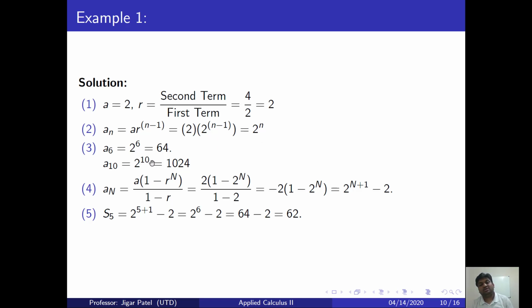Now let me mention here that if power of the common ratio is in 2 digits or more, then on the exam or quizzes, feel free to leave your answer in this format.